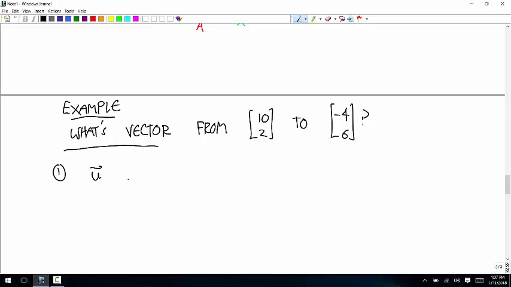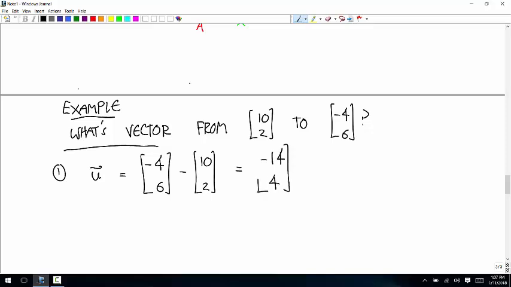So the vector we want is just the destination, -4, 6, minus the starting point, 10, 2. And so you get -14, +4. Any questions about that?